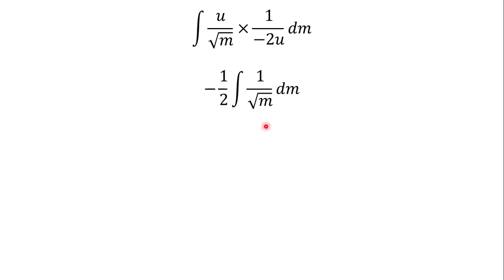the law says that 1 over a can be written as a raised to the power minus 1. So applying this here, we can write m raised to the power minus half, or maybe square root of m raised to the power minus 1.